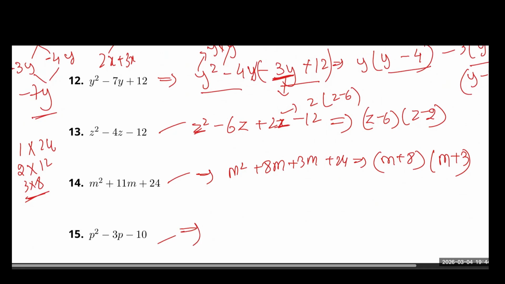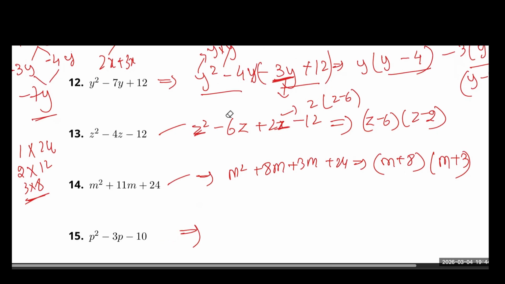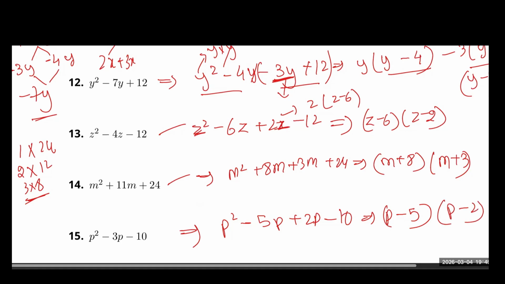Okay. What will we get? p squared minus 5p plus 2p. Minus 5 plus 2 is minus 3p. Minus 5 into 2 is minus 10. So p minus 5 and p minus 2 will be the answer. So that's it.